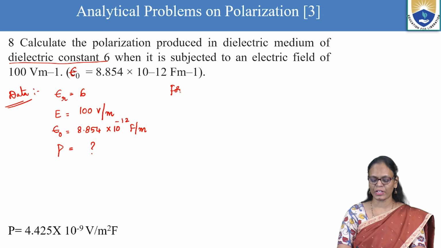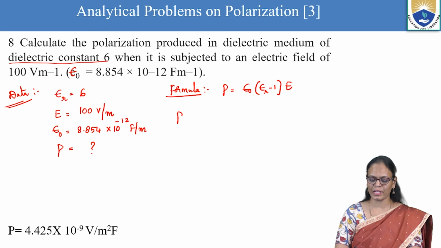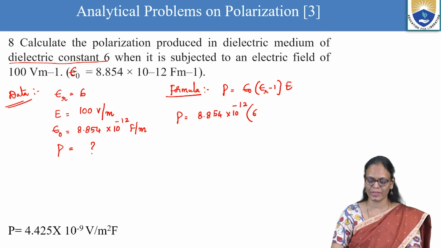What is the formula we have for polarization? P is equal to epsilon naught, epsilon r minus 1 into E. So this is the formula we are going to use. So P is equal to the constant 8.854 into 10 power minus 12 into epsilon r is given 6 minus 1 into E. E is 100.